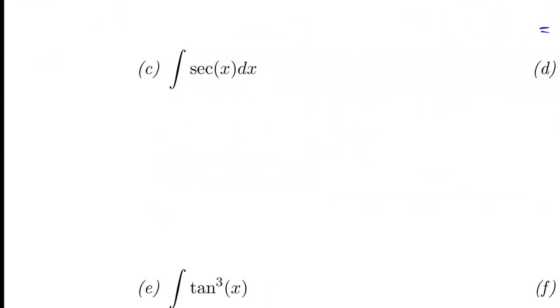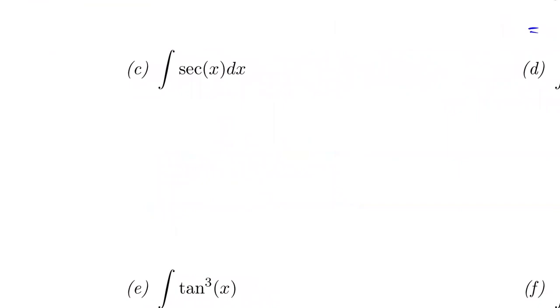Okay, as for the third one, we have the integral of secant of x. Although this might not look clear, we don't actually have anything that we could substitute with yet. The reason I say yet is because let's say that we multiply and divide a term so that we could go ahead and substitute.